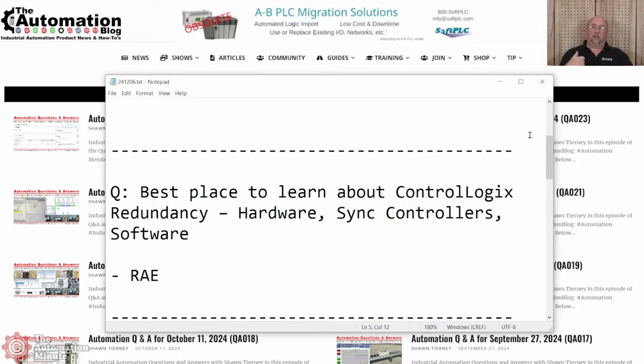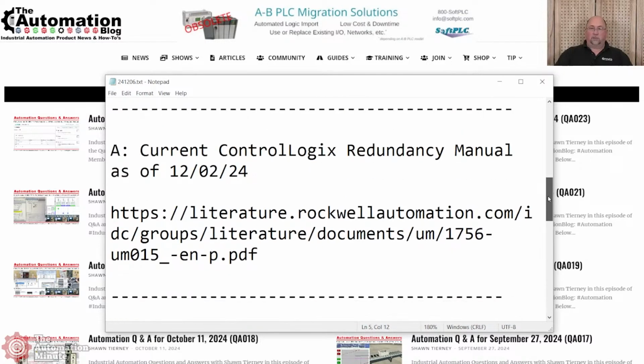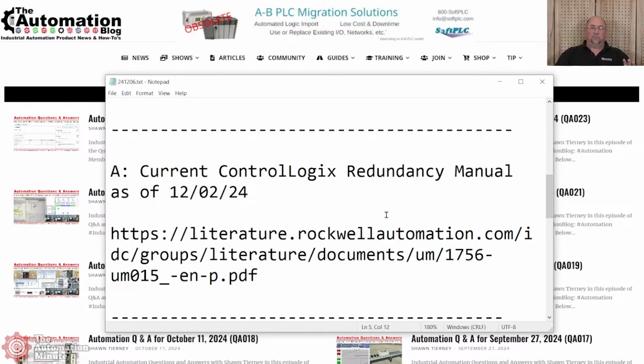How are you going to find out about the hardware, the sync controllers, the software?" We call them the RM2s now, and now the RM3s. I had this question come in all the time in my 25 years as a technical specialist, and almost always, all of the answers were found in the redundancy manual.